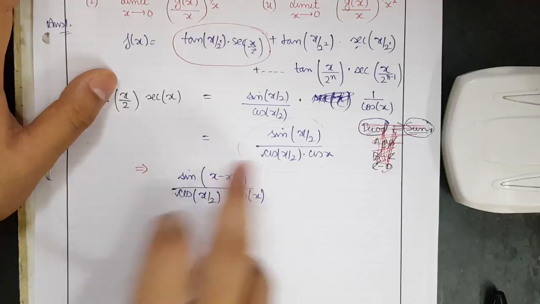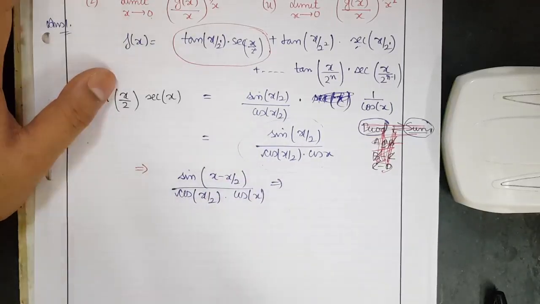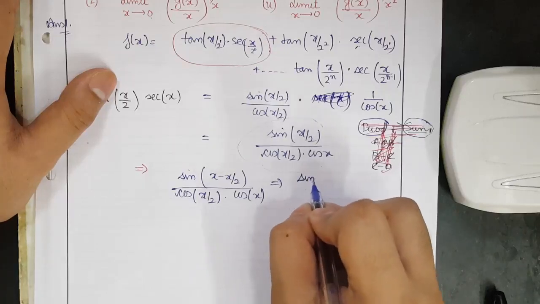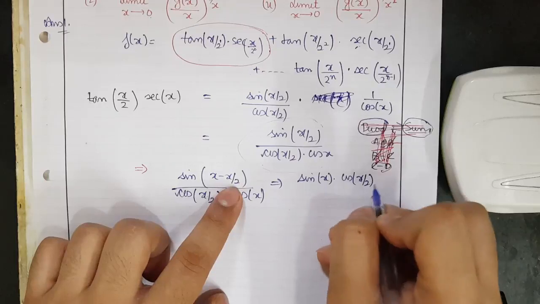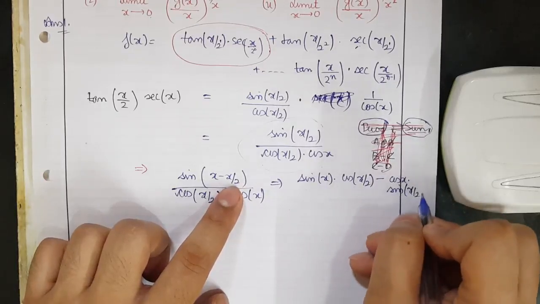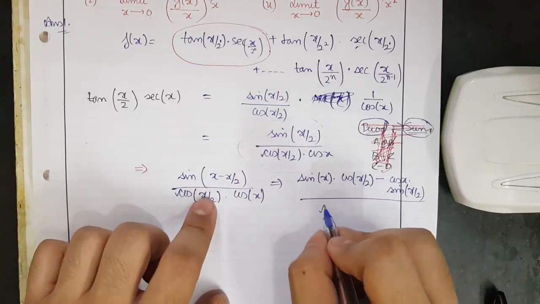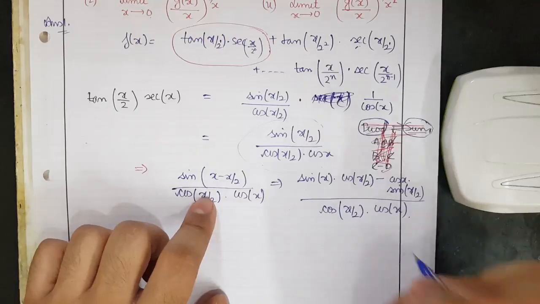Now I shall be using the sine a minus b formula here. So what is sine a minus b? Sine of a minus b, that is sine a into cos b minus cos a into sine b, okay, upon cos of x by 2 into cos x.